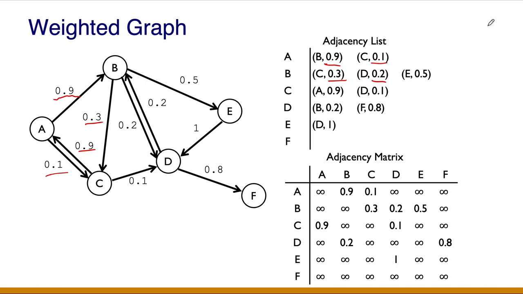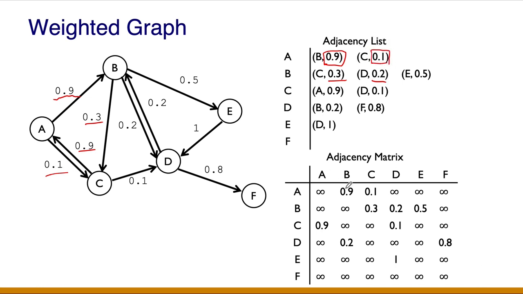Besides the connection, we also need to store the weight of that connection. For example, under the row A, if you have B and C, it means the link going from A to B carries the cost of 0.9, and the edge going from A to C carries the weight of 0.1.